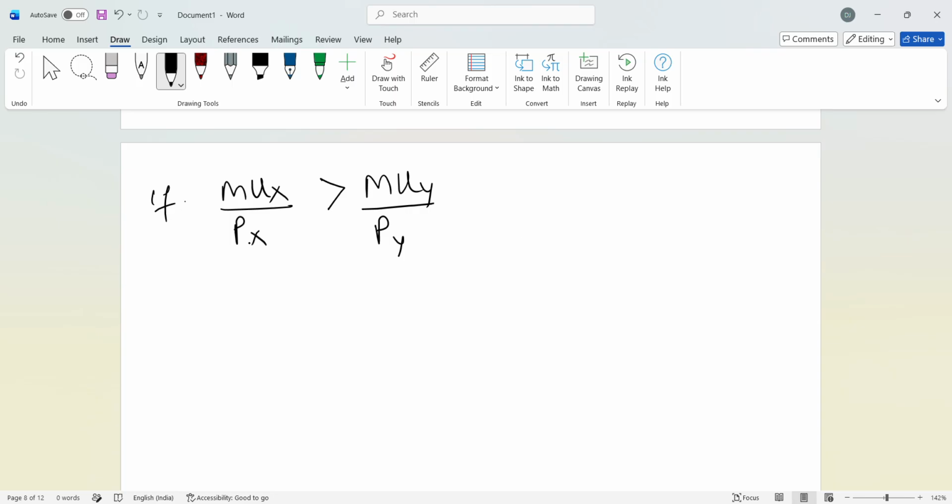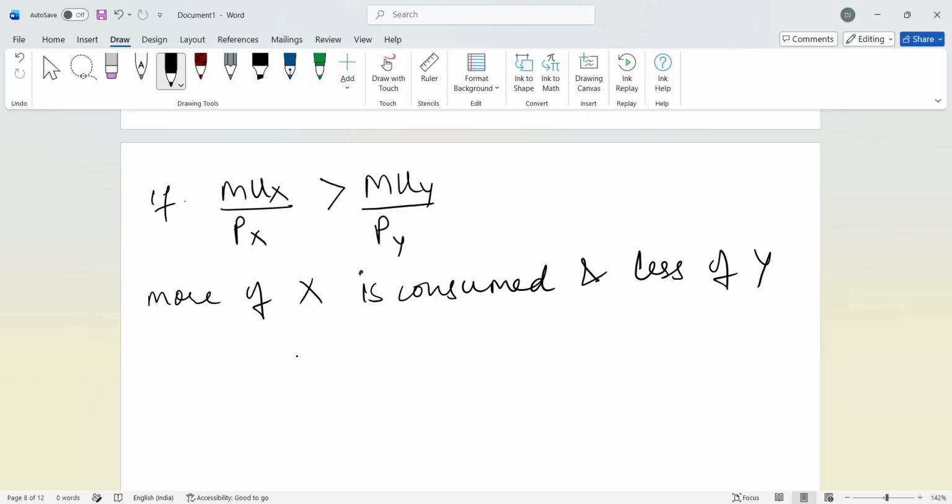Since I am deriving more marginal utility from good X, I'll consume more of X given my budget, which is fixed, and less of Y. A very interesting thing happens when this occurs. Let me give you a number. Let's say MUx divided by Px is right now 9.